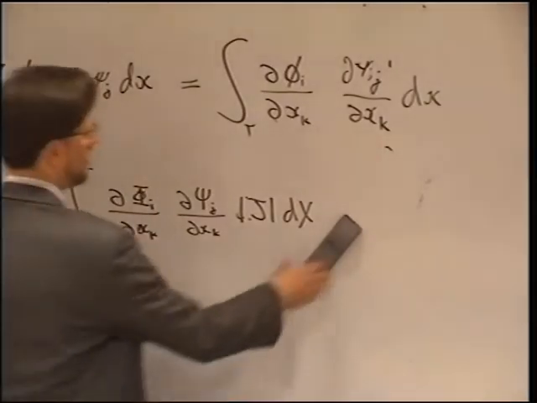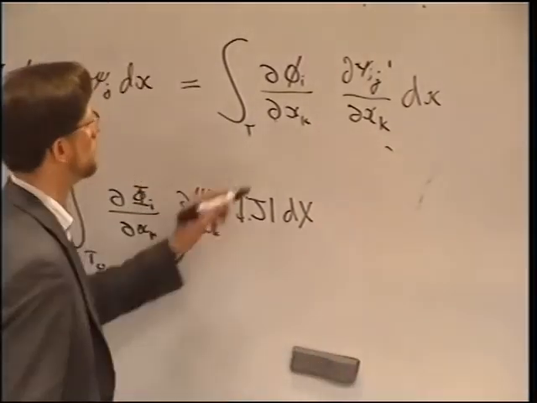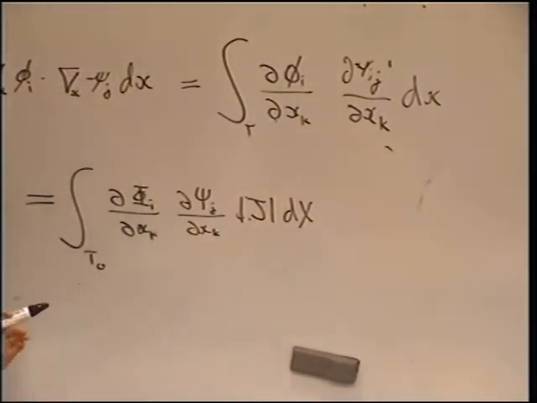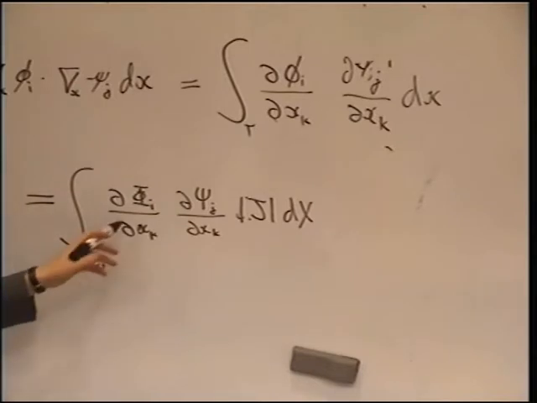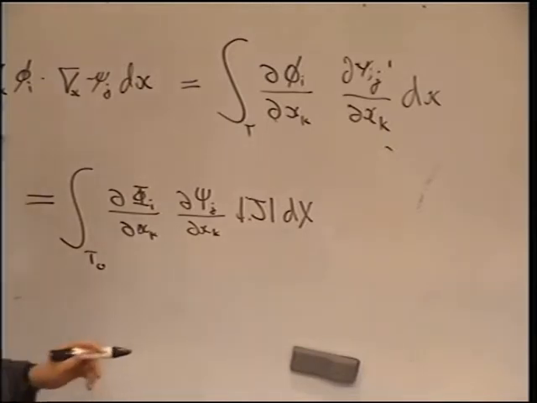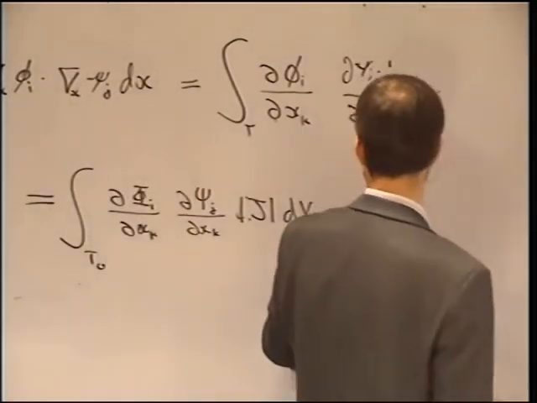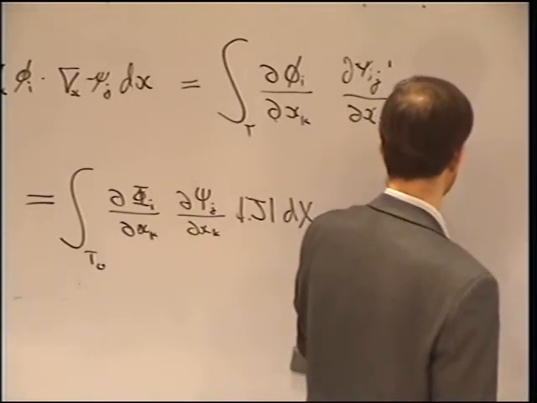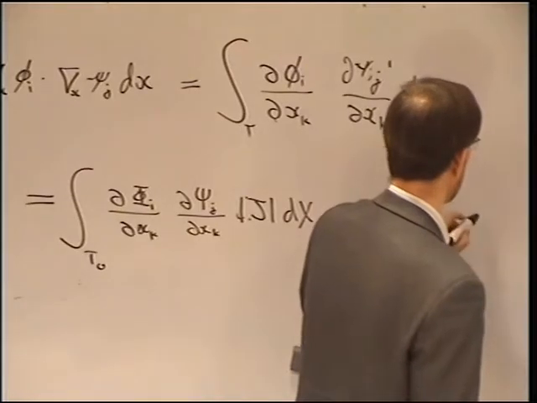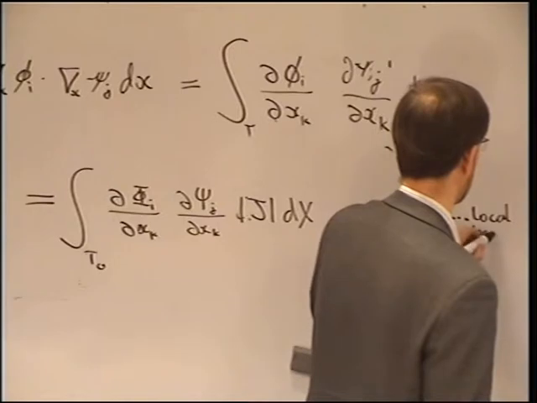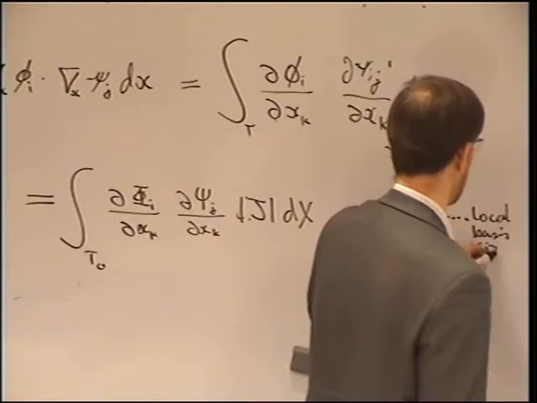And now what's happened? So this is a loop that we're going to do over all the i's and j's in the mesh. Now obviously this loop we only have to do for those phi i's and psi j's which are non-zero in this element. So i, j equals 1 to whatever the local basis size is.